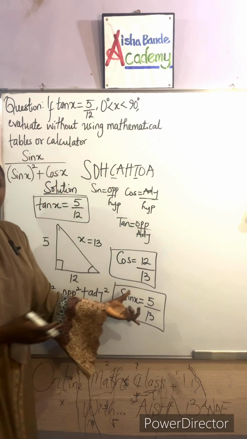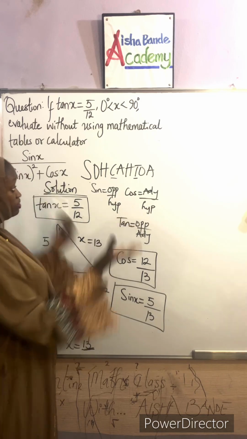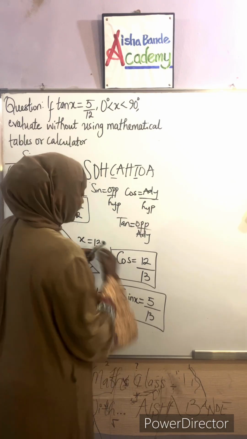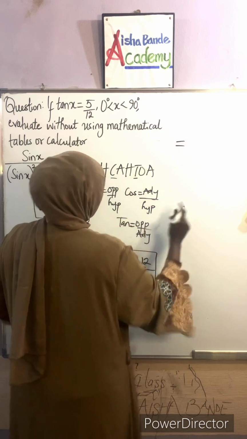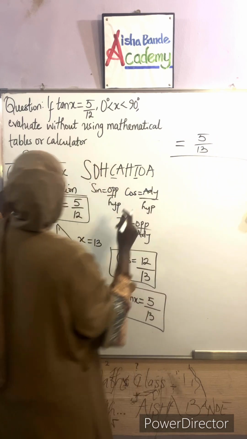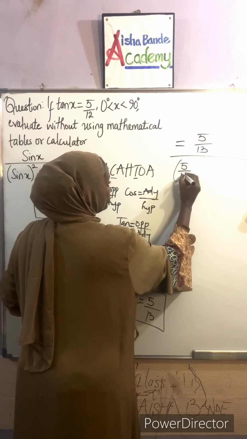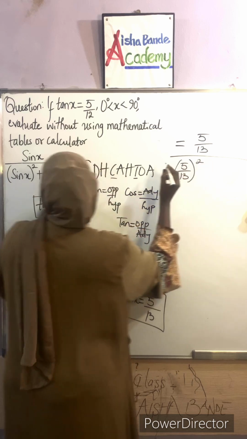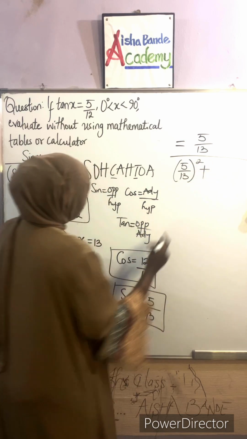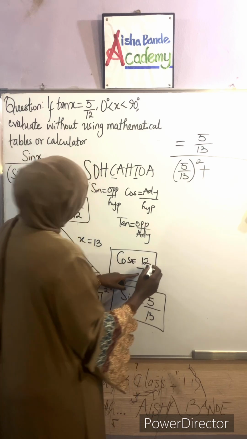Now we can substitute in the values into the question given, and we simplify further and get the final answer. Sine x here is going to be equal to 5 all over 13, all over sine x raised to power 2, which is going to be 5 over 13 all raised to the power of 2, plus cos x. So we have the value of cos x here, which is 12 over 13.